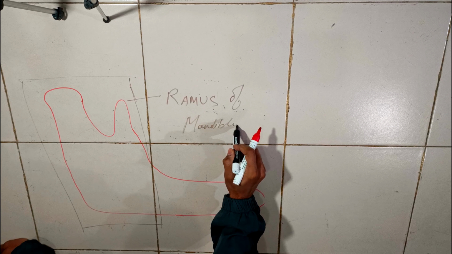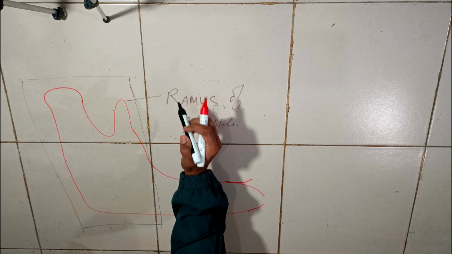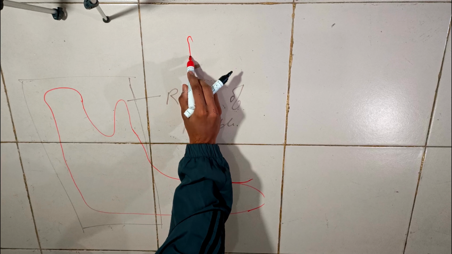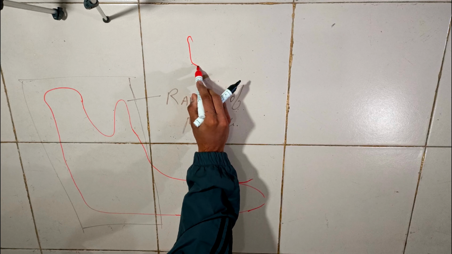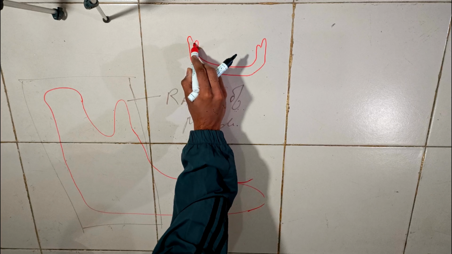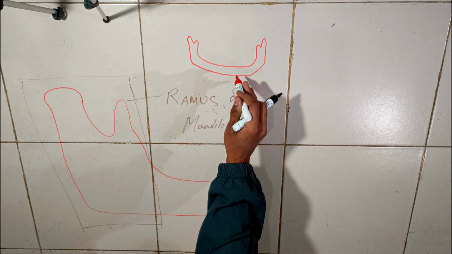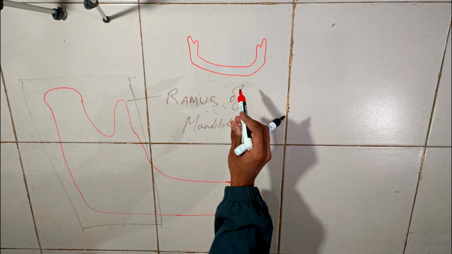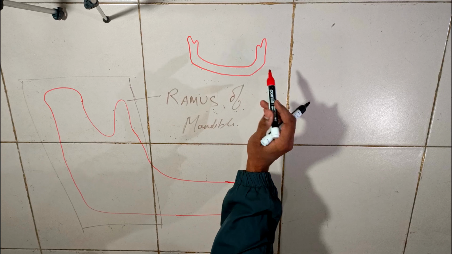And this is the posterior portion. This will be present in both the sides like this. This is the frontal view from the front. If you look at someone from the front, this is what the mandible will look like.